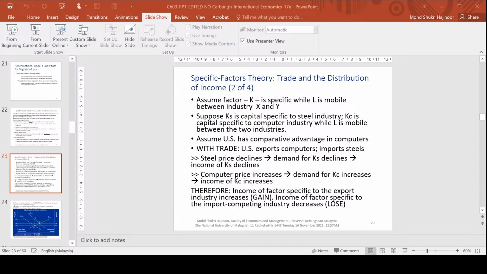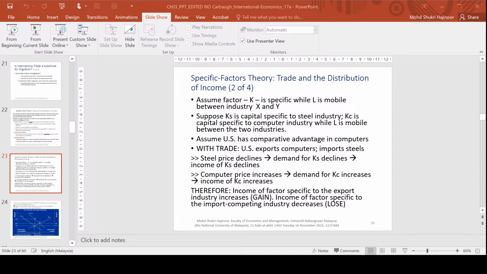The increase in computer prices will lead to an increase in demand for capital specific to computers, KC. As a result, those who own the KC, their income will increase.